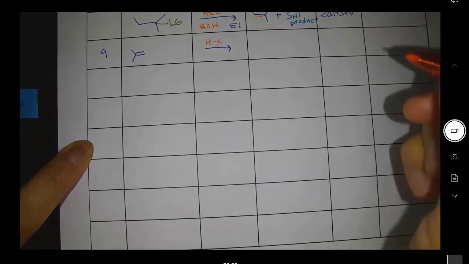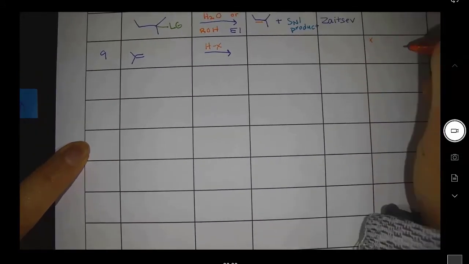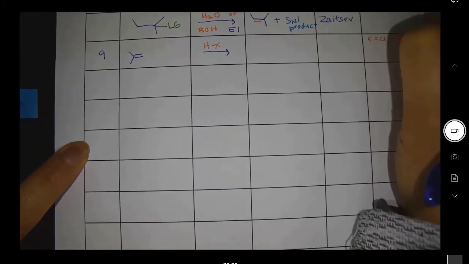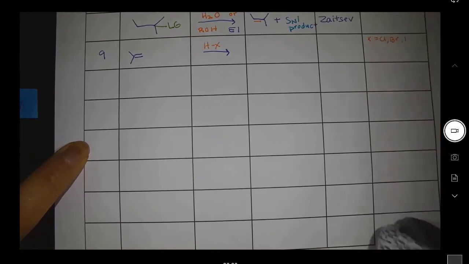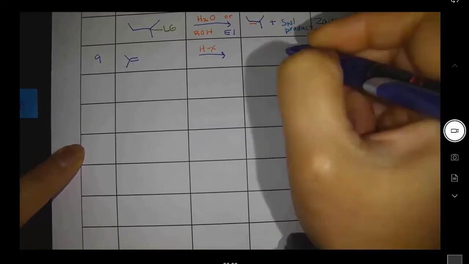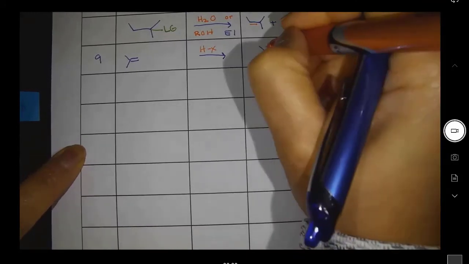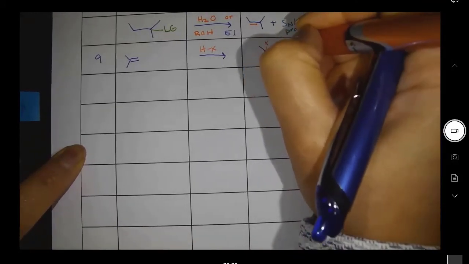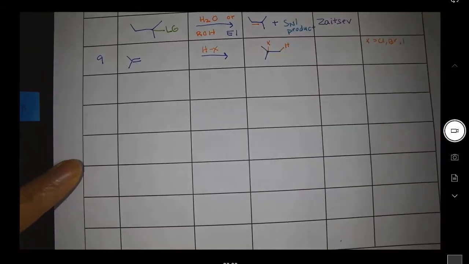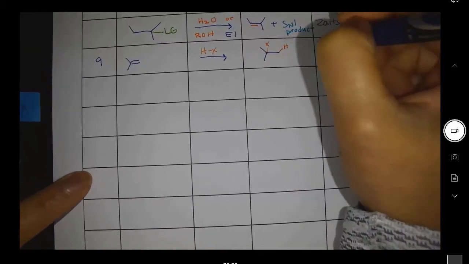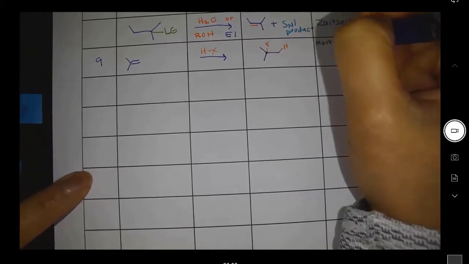If we have a halogen where X equals Cl, Br, or I, we add X to the more substituted side, and H goes to the carbon that has more hydrogens. So this is a Markovnikov product.